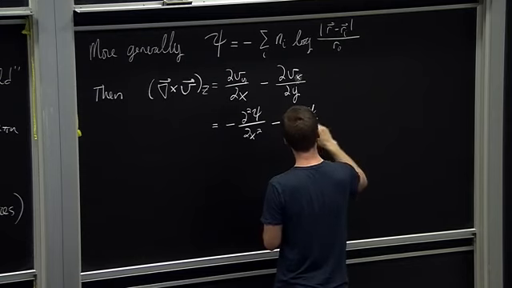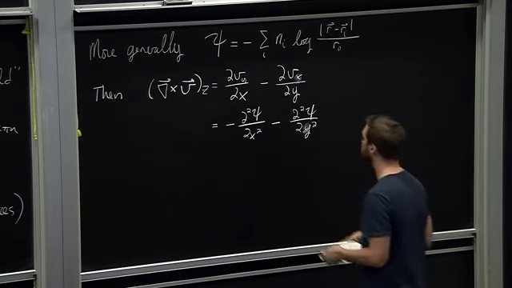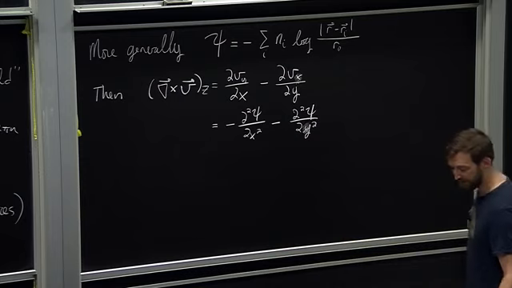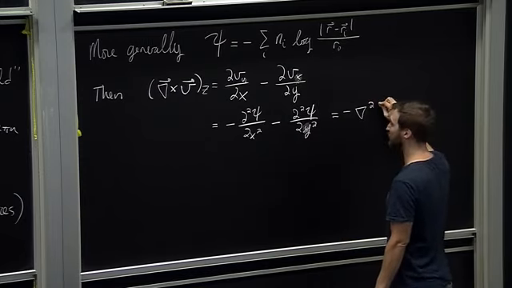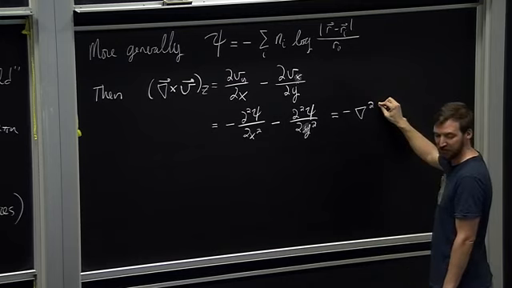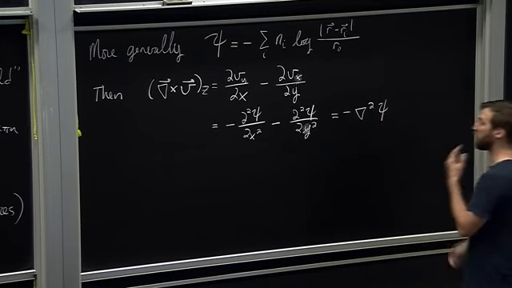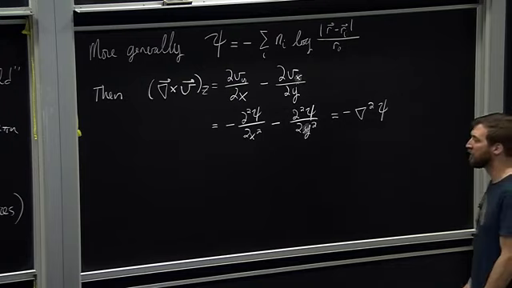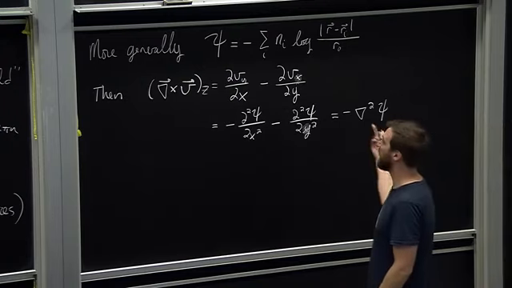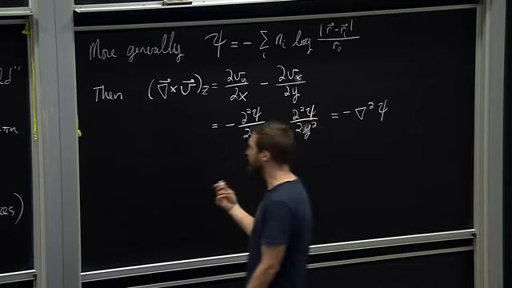Oops. And because of the signs, this is going to work out nicely. This is just like del squared, the Laplacian. Okay, so now this lets me calculate my energy.